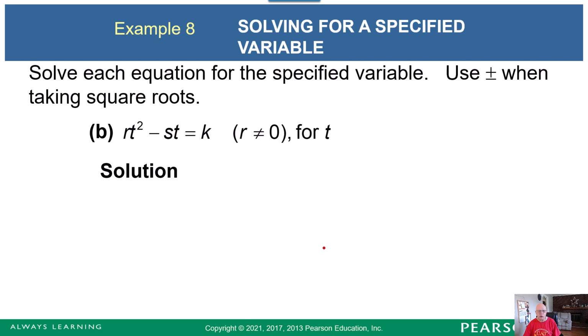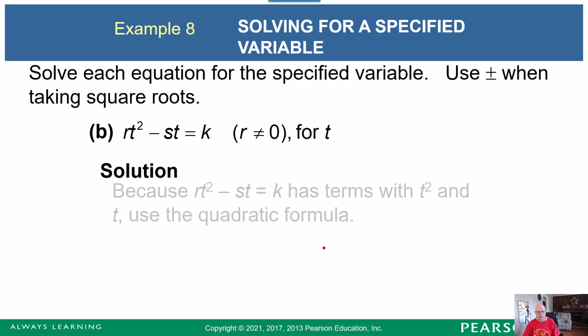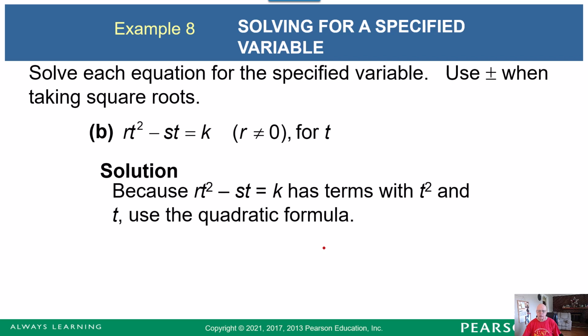So, what are we going to do with this? Now notice you have t squared and you have t. There we go, t squared and t. So it's a quadratic. So you can use the quadratic formula, but you have to get this k on the other side.